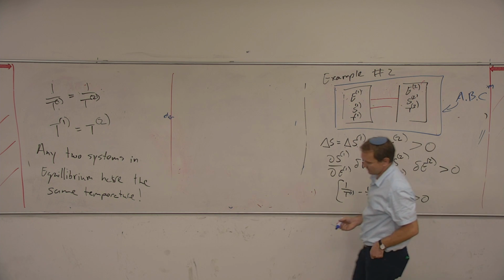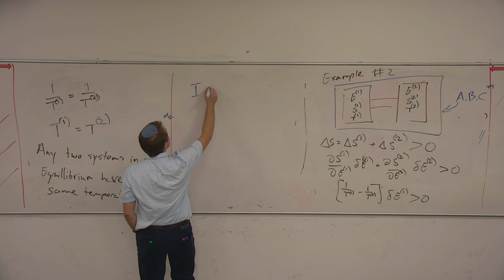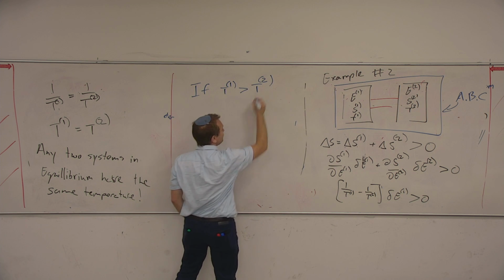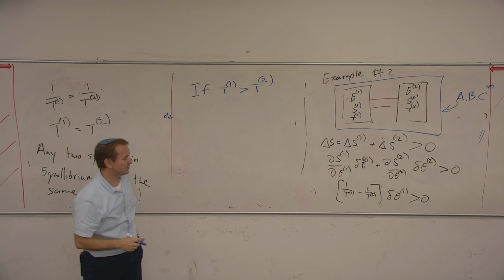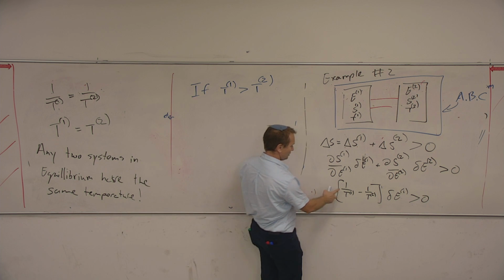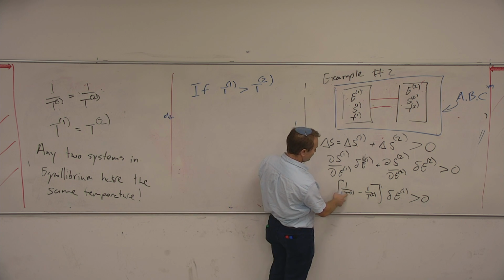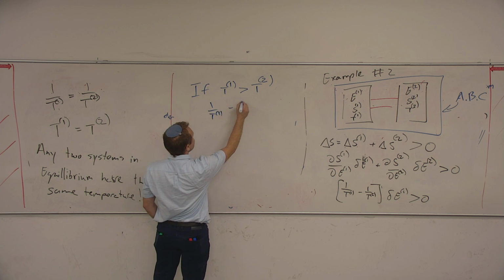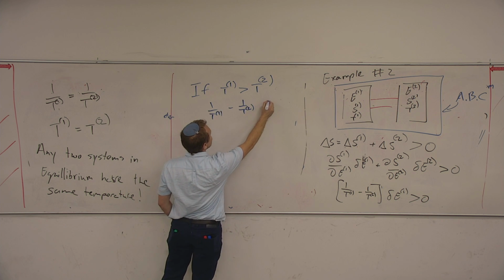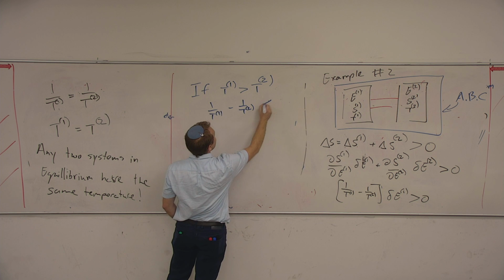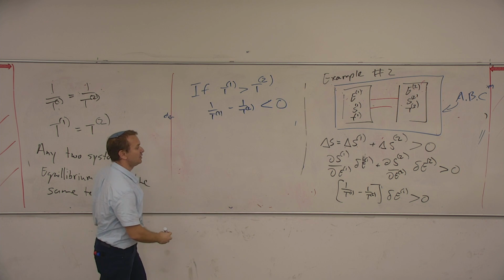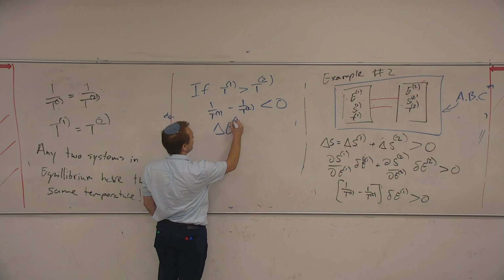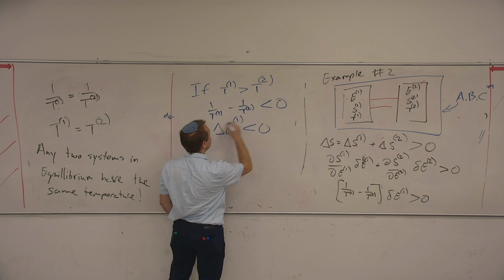So we have two cases. If T1 is greater than T2, then 1 over T1 minus 1 over T2 is negative, meaning that delta E1 is negative.